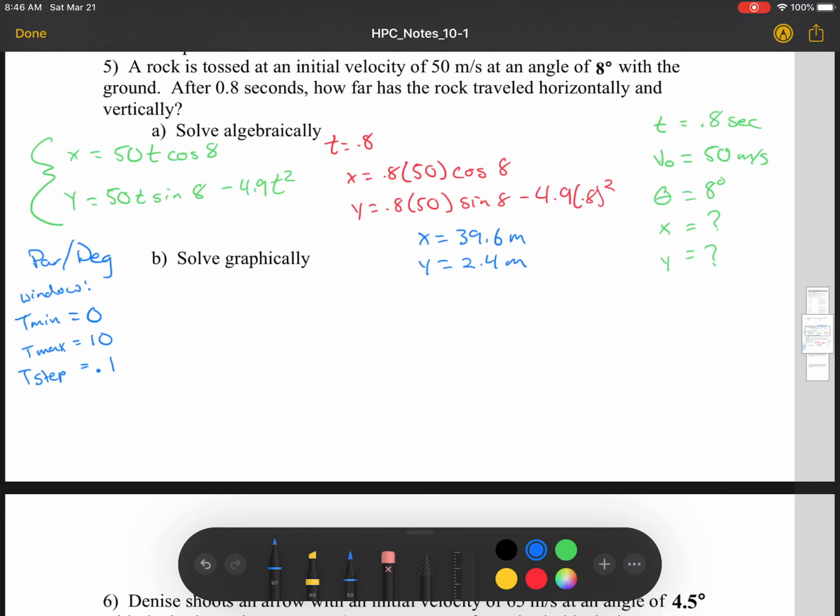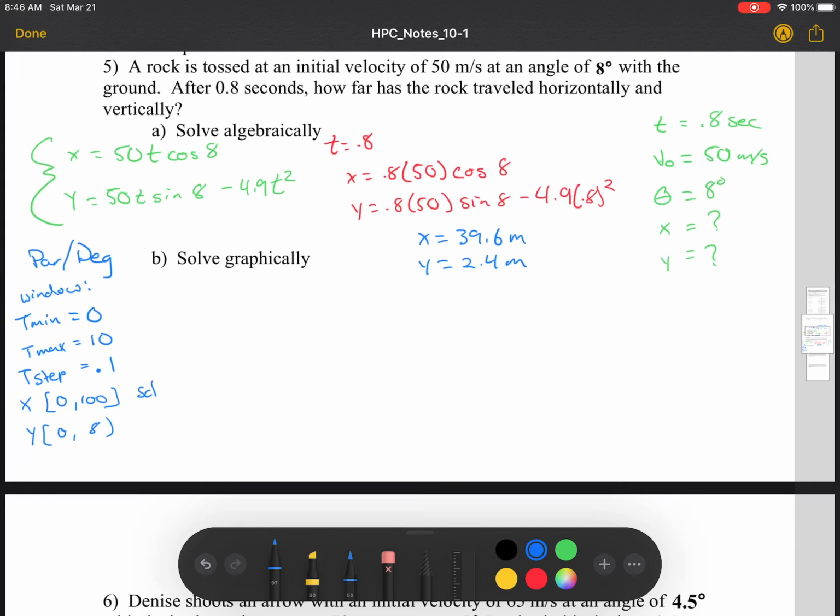Now, our x is going to be from 0 to 100, so for x min and max I'm just going to put 0 to 100. Our y is going to be 0 to 8.